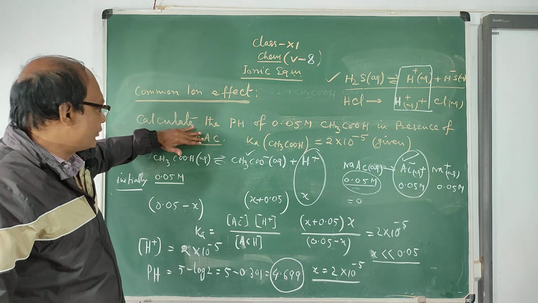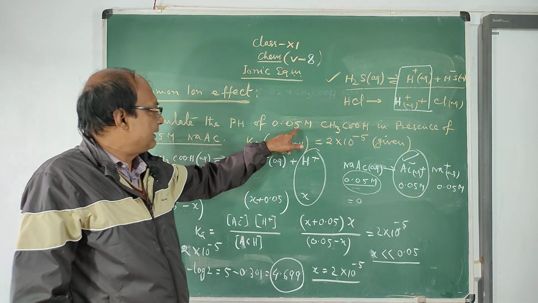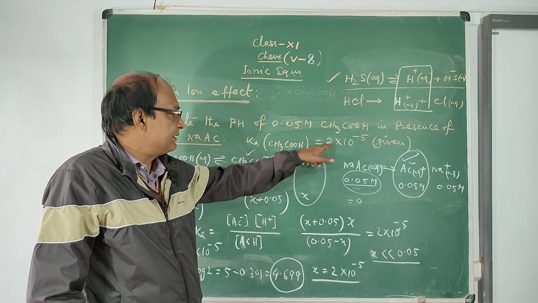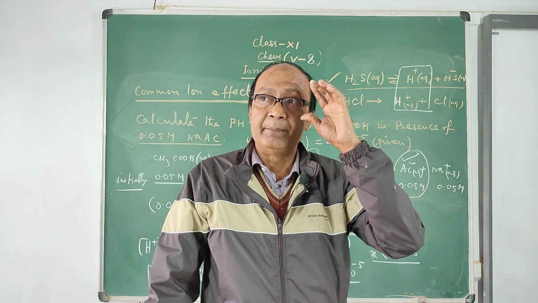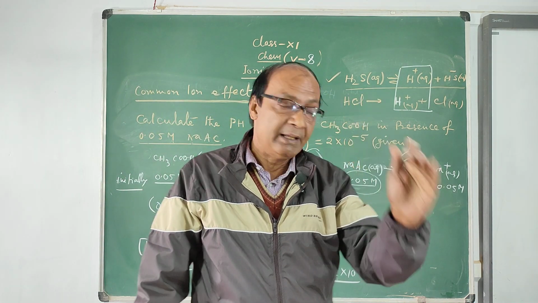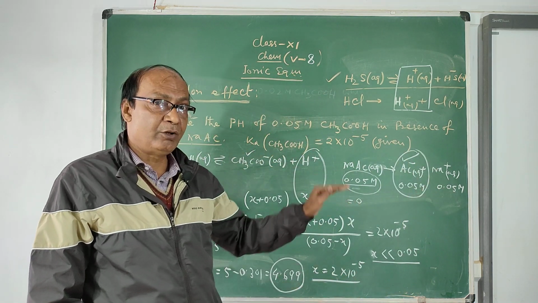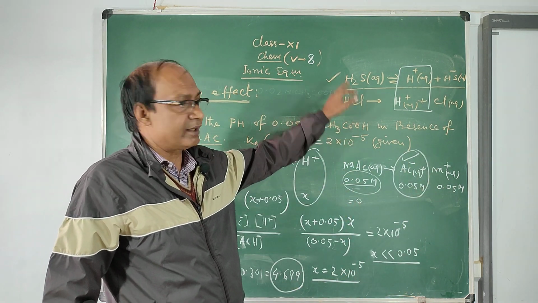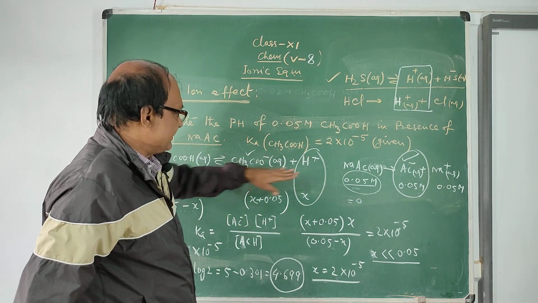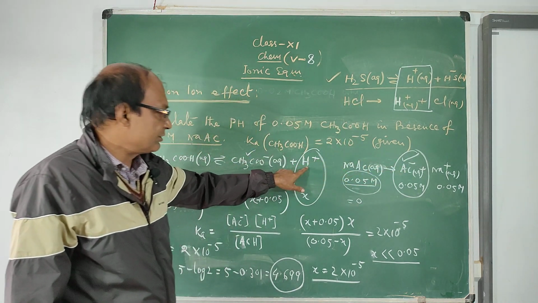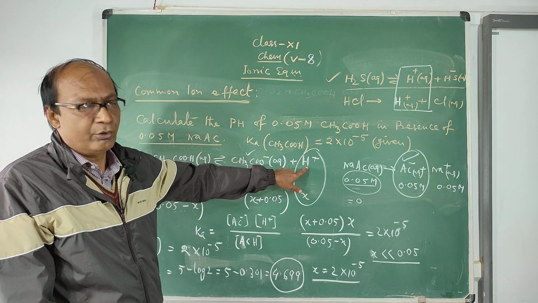But if you don't take sodium acetate solution, you will find the pH different. The pH will be lesser than this, because the hydrogen ion concentration will be more. If this is not present, then the hydrogen ion concentration will be more.